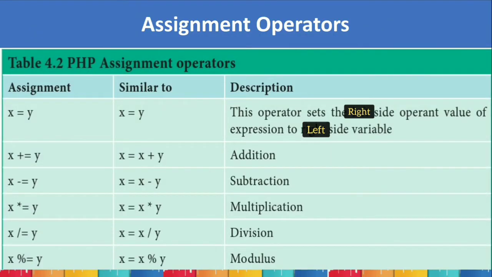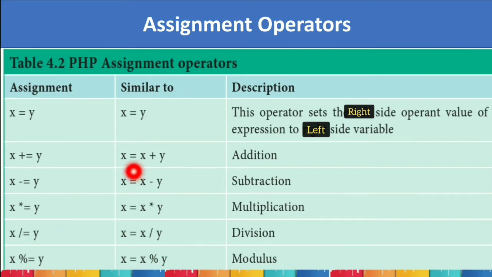And now we are going to learn about assignment operators. Assignment operators are used to store values in a variable. Here we use the equal to sign as the assignment operator. In this expression, one is the left hand side and the other is the right hand side. Left hand side is x and right hand side is y.